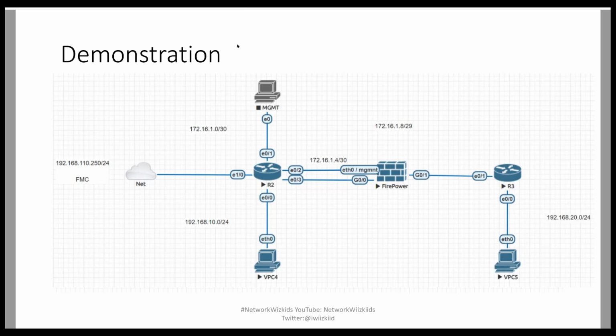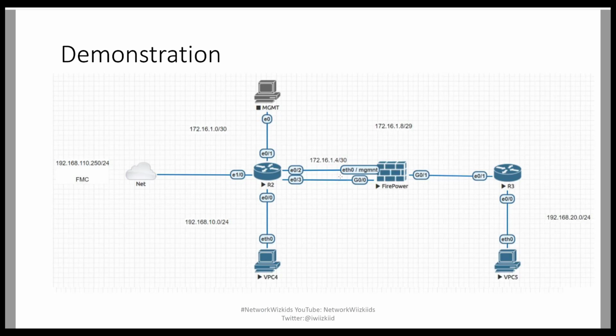So as part of this demonstration today, we're going to be using this topology that you see on the screen. We have 2 virtual PCs in separate subnets, so that we can test the traffic flow from one side to the other, traversing through the transparent firewall.